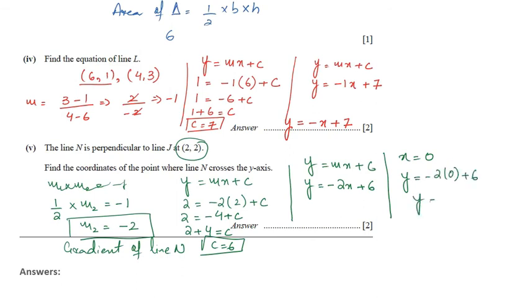So it means the value of y is 6. When this line crosses the y-axis, the y coordinate is 6. So its x coordinate is 0 and the y coordinate is 6.